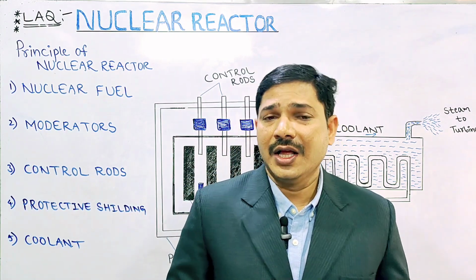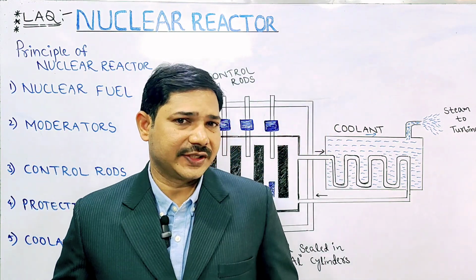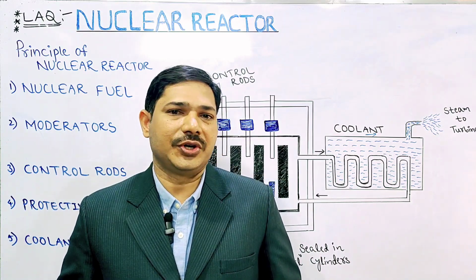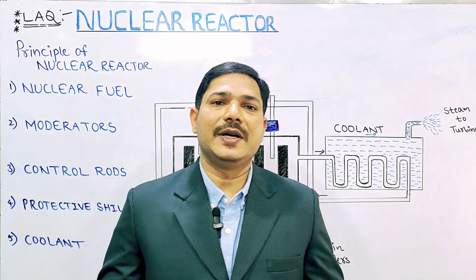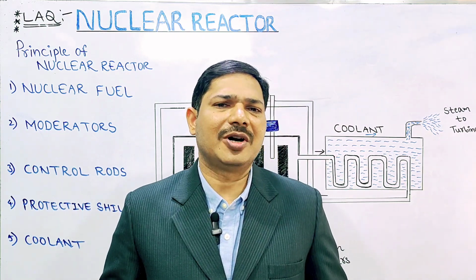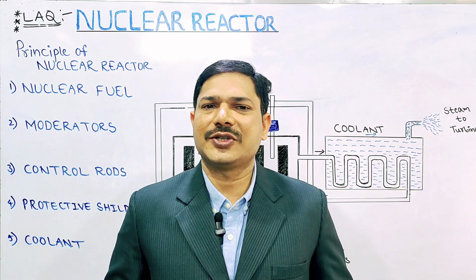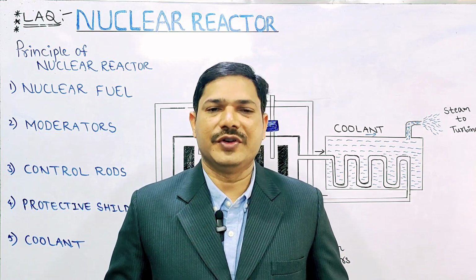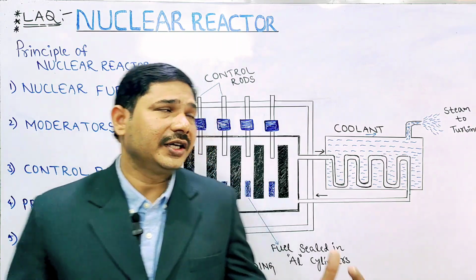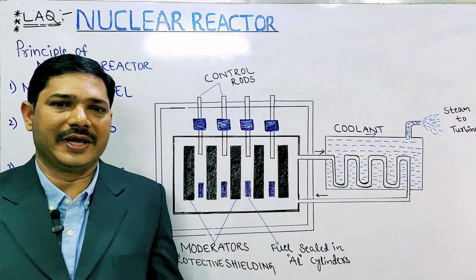We know that when a heavy nucleus is bombarded with slow motion neutrons, it splits into two fragments and releases a large amount of energy. That process is called a nuclear fission reaction, and it takes place in the nuclear core.